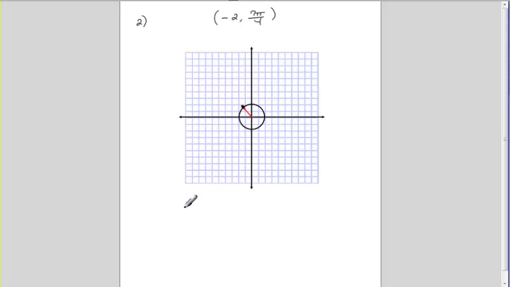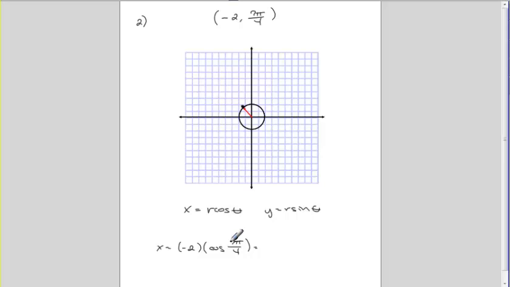And so we have the conversion from polar: x is equal to r cosine theta, and y is equal to r sine theta. So if we do x, r is -2, the cosine of 7 pi over 4. I have to make sure that our calculator is in radians, which mine is now.